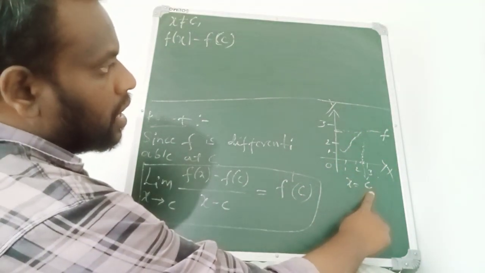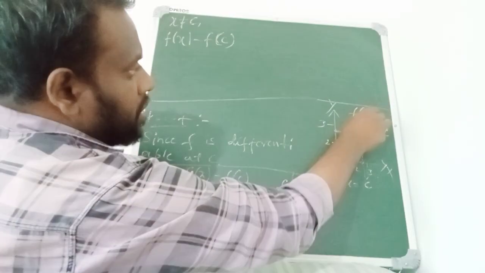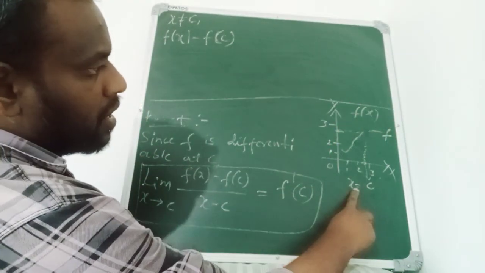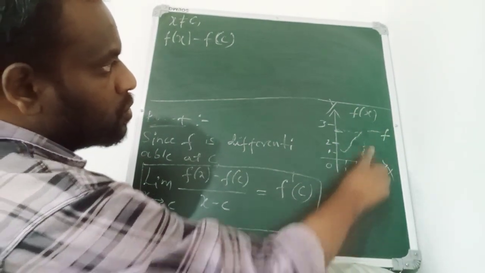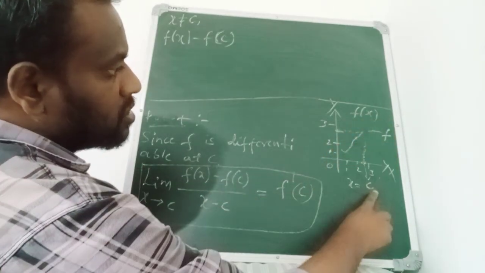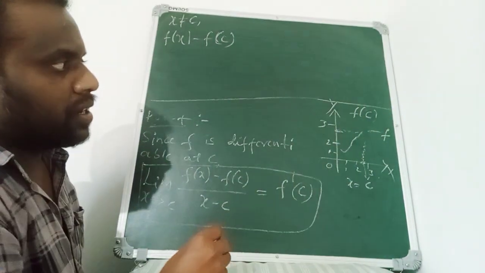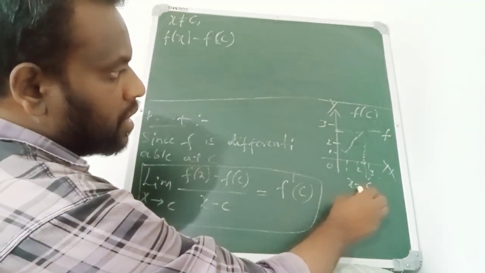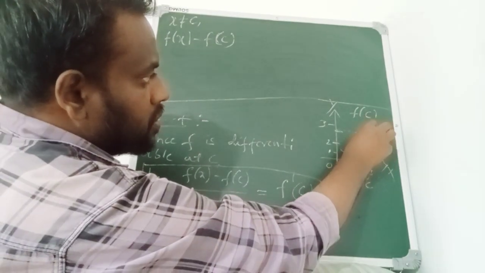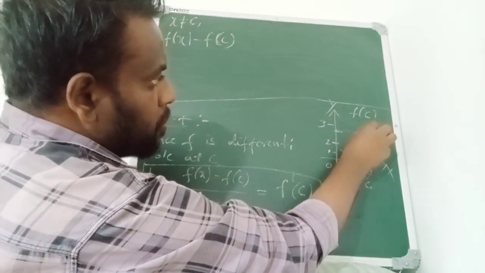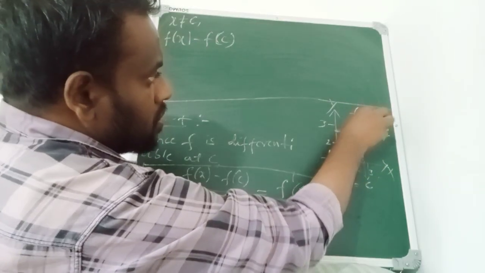So the function is f of x, right? At x equal to C, we substitute C in place of x, and it becomes f of C. So at x equal to C, this point is f of C.